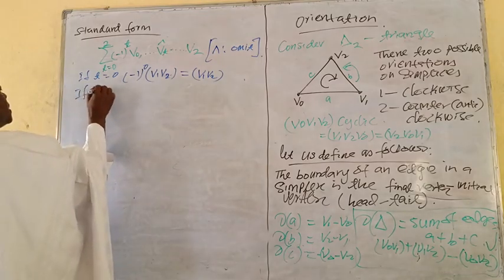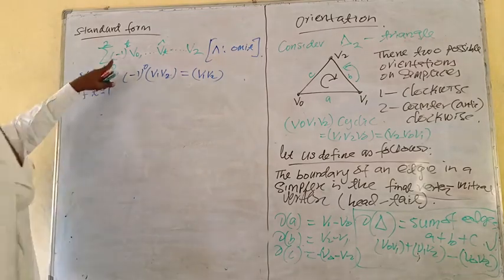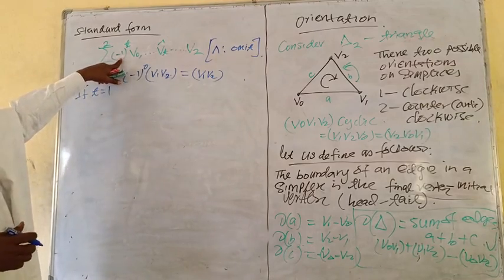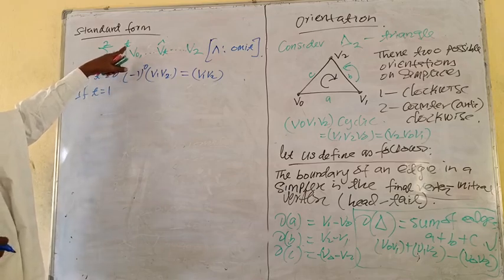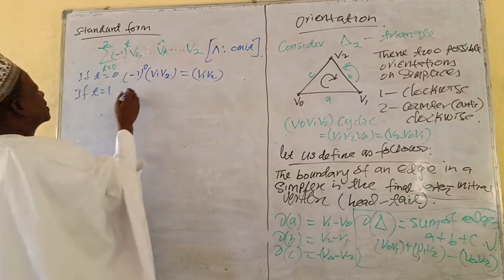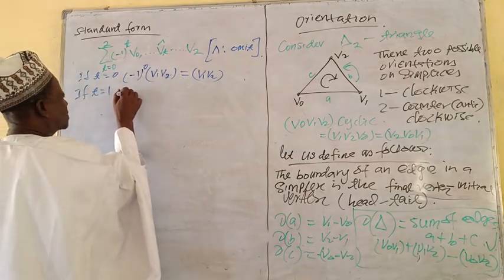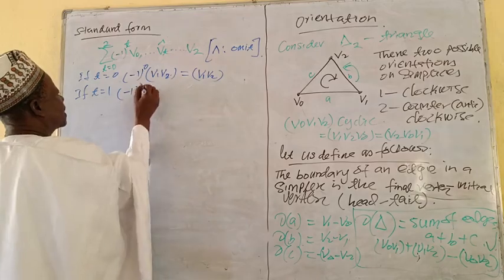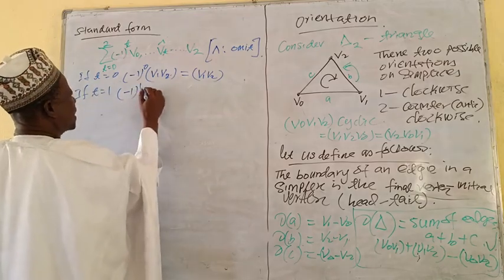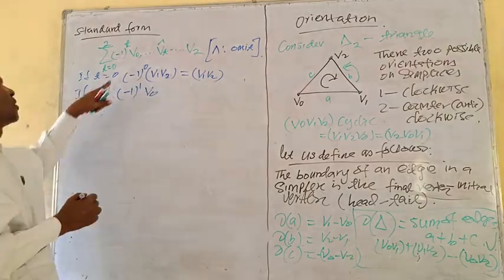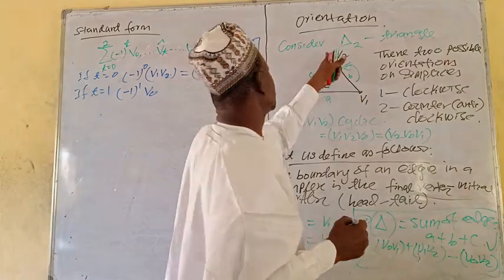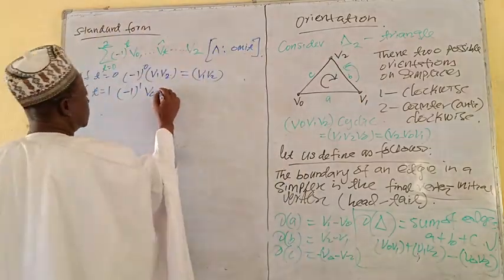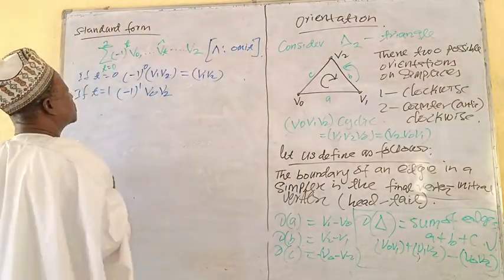Now, if t is equal to 1, you have minus 1 raised to power 1, which is going to be minus, isn't it? You are going to write B0, because t is 1 now, you are going to omit B1. The next one will be B2. Good.